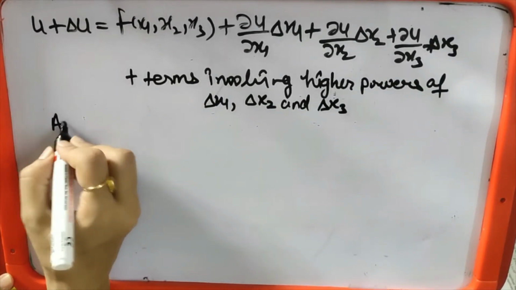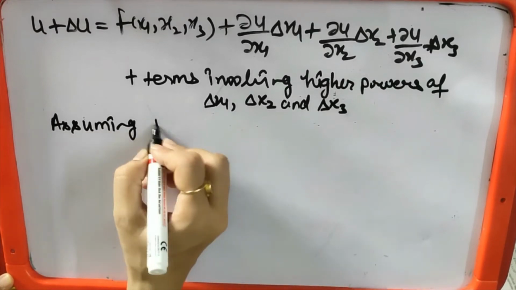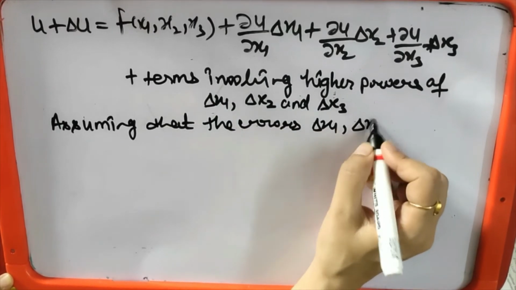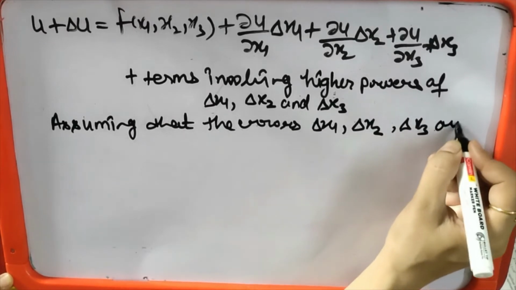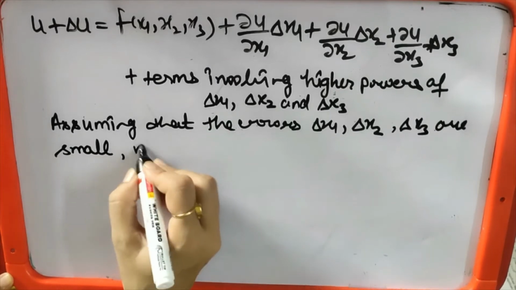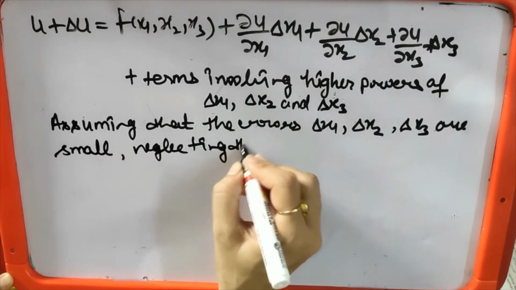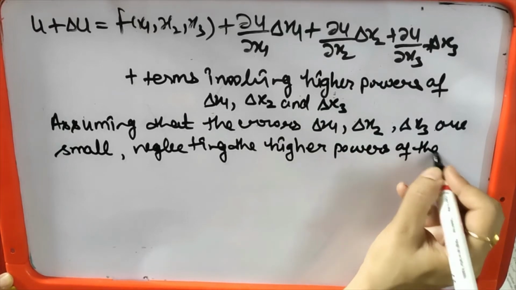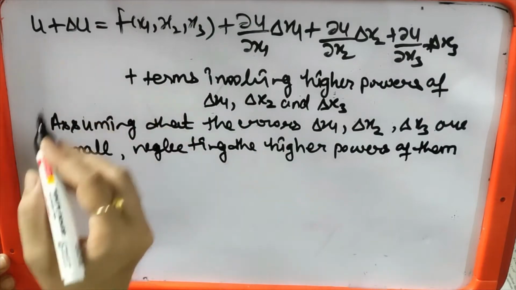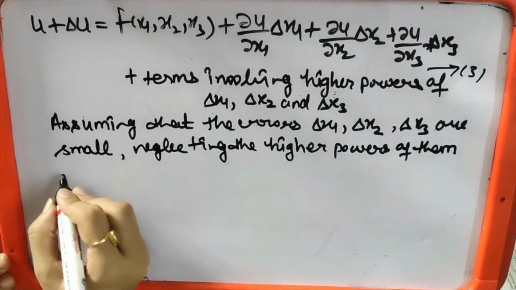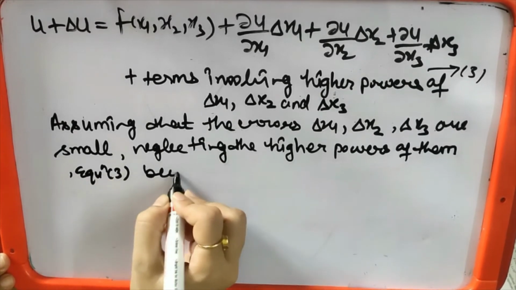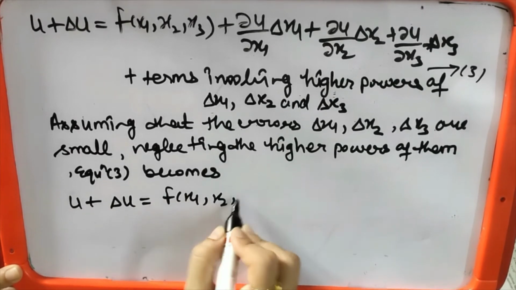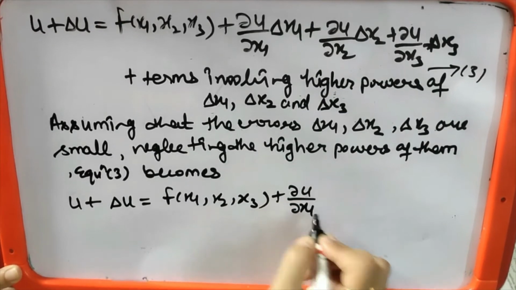Now assuming that the errors delta x1, delta x2, delta x3 are small and neglecting the higher powers of them, then the above equation, let it be 3, becomes u plus delta u equals f of x1, x2, x3 plus delta u upon delta x1 and so on.